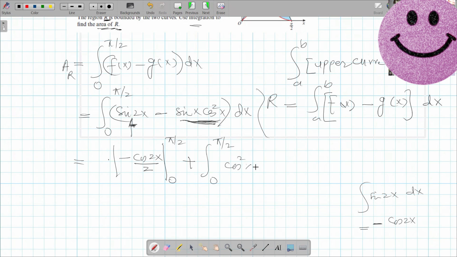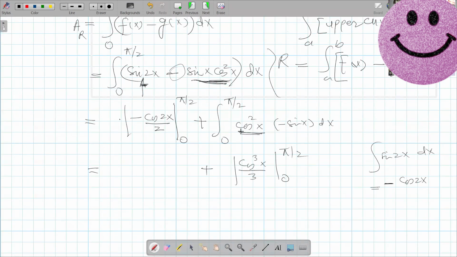Can we write it as cos squared x times negative sine x dx, or this negative sign is taken inside? Yes, true. So now you see the derivative of cos x is minus sin x, which is just present. So you can use the general power rule simply: add 1 to the power and divide by the new power.